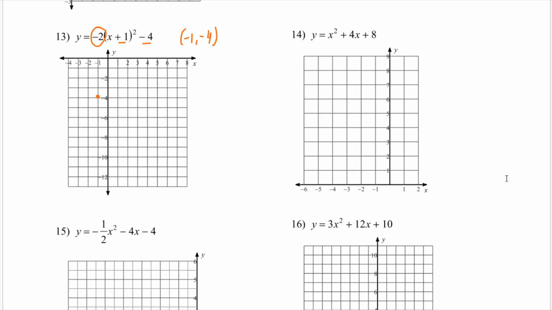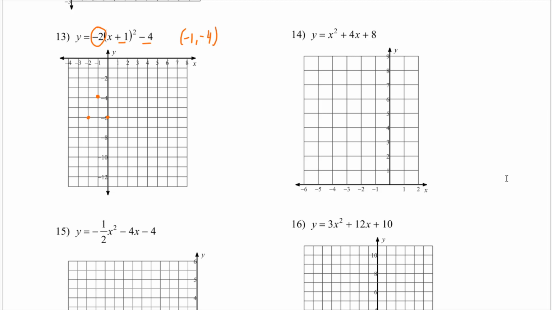The 2 tells us that we are stretching by 2. So instead of going down 1 and out 1, I want to go twice as far down. I don't want to change the out at all. I just want to go twice as far down. So what's twice as far as 1? That would be 2. So here's my points.